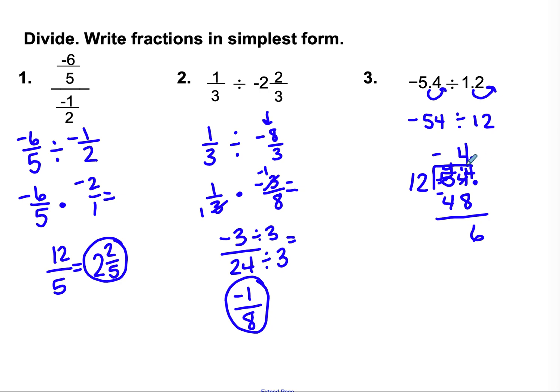So decimal after the 4, decimal after the 54. Add a 0, bring it down. 12 goes into 60 5 times, and 5 times 12 is 60. I'm ending here in a 0, so that means I'm done. My answer is negative 4 and 5/10.